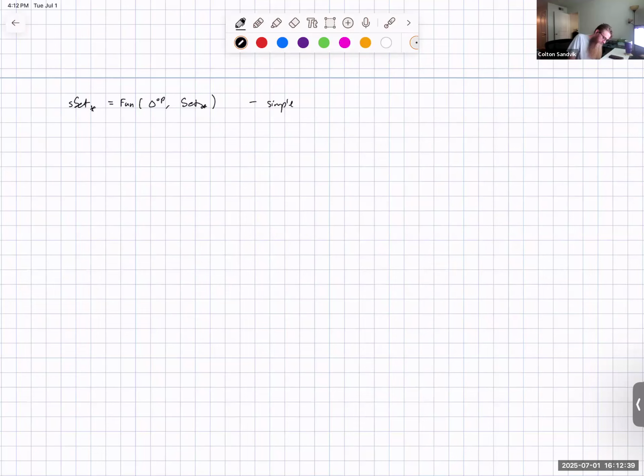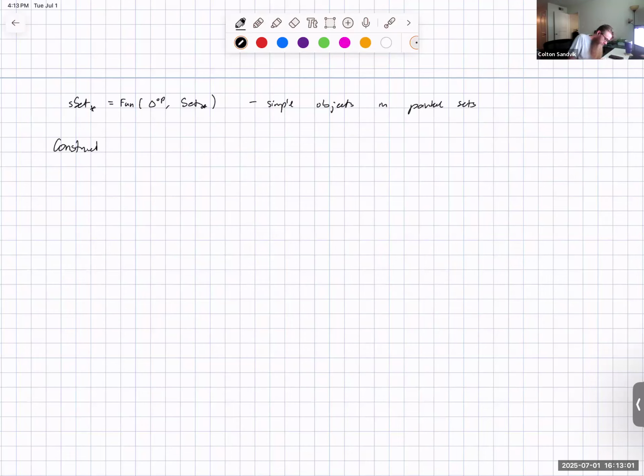The main thing I wanted to convey was that all these constructions that you normally produce in pointed set topology also hold here.